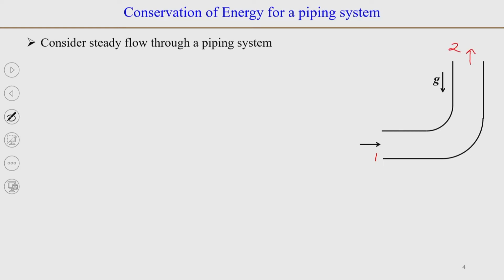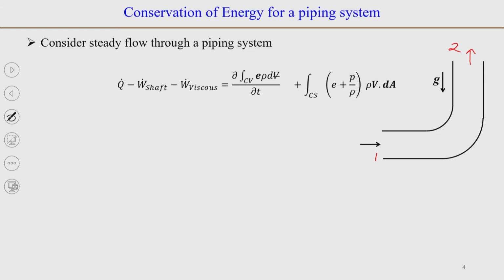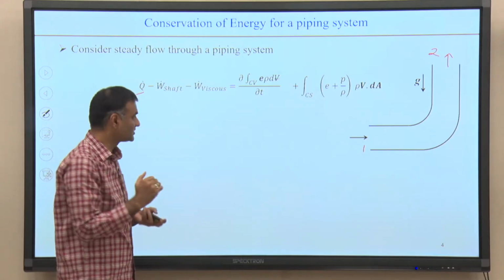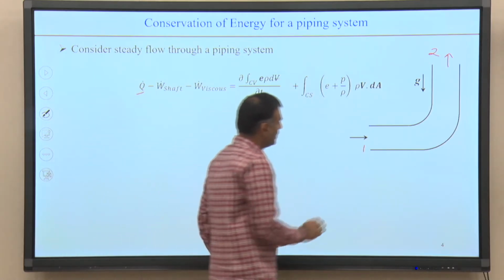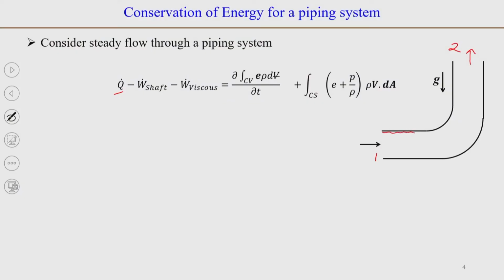If we write down the energy conservation equation, Q dot is the rate of heat transfer, heat being given to the system. We can consider a control volume here. So, this is my control volume. Q dot is the rate of heat input.